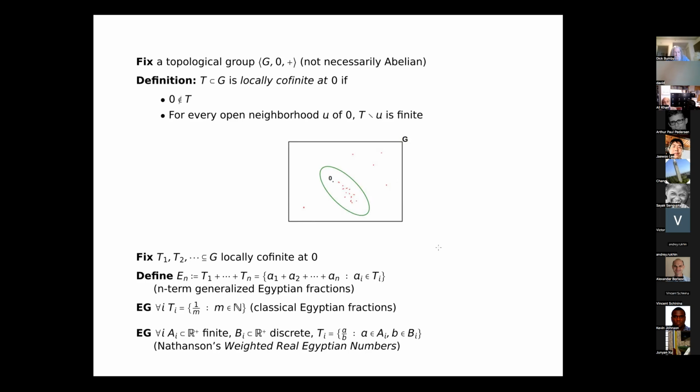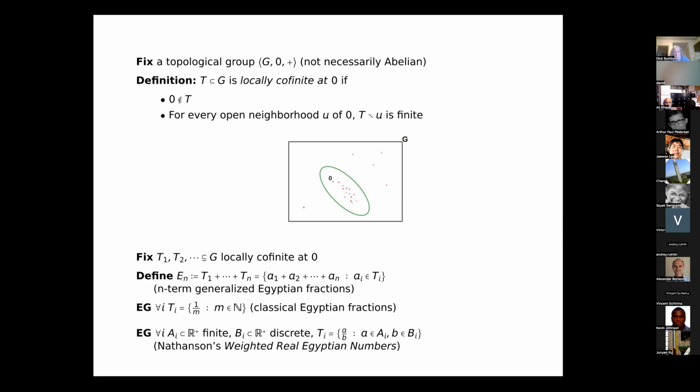So obviously the unitary Egyptian fractions, the reciprocals of the positive integers, fall into that category. If you take any neighborhood of the origin, there are only finitely many outside of that. Okay, so now let's suppose you've got a bunch of these locally cofinite at zero sets.